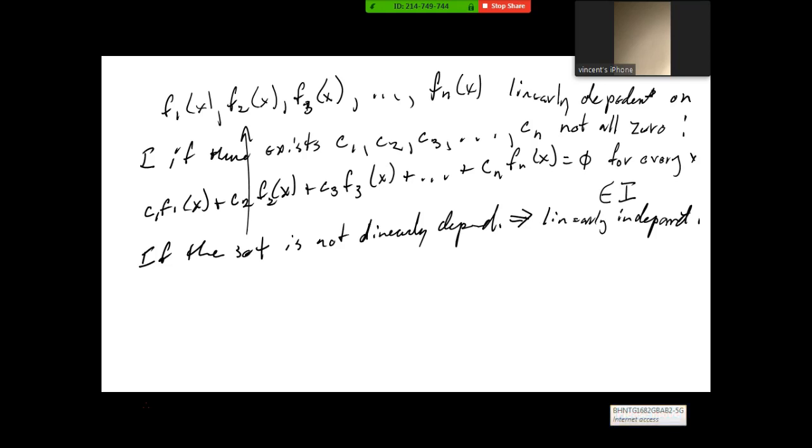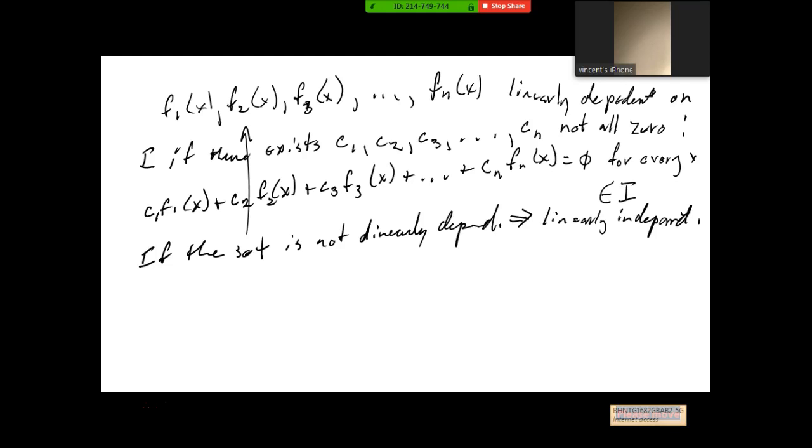That means they're linearly independent of one another. In other words, a set of functions is linearly independent on the interval I if the only constants for which that combination is 0 are for all the c's to be 0. If that's the only way you can make that happen, then that's a linearly independent set of functions. And that's the key.